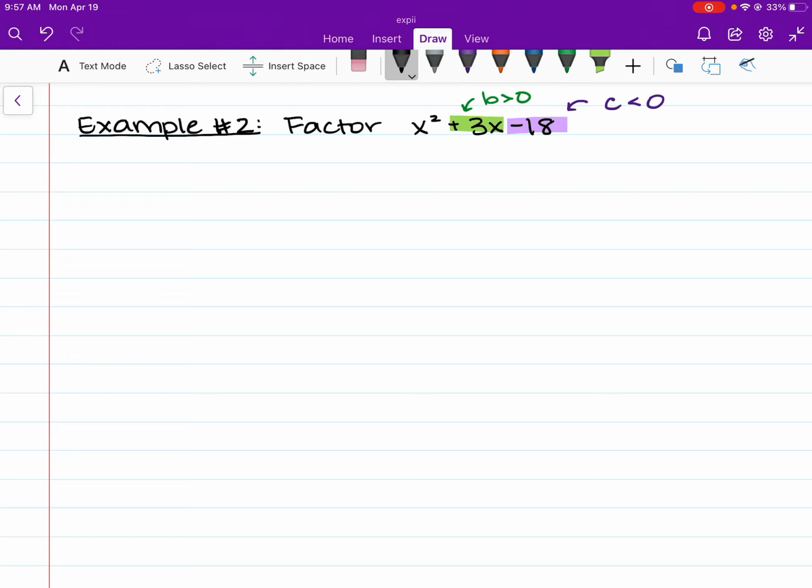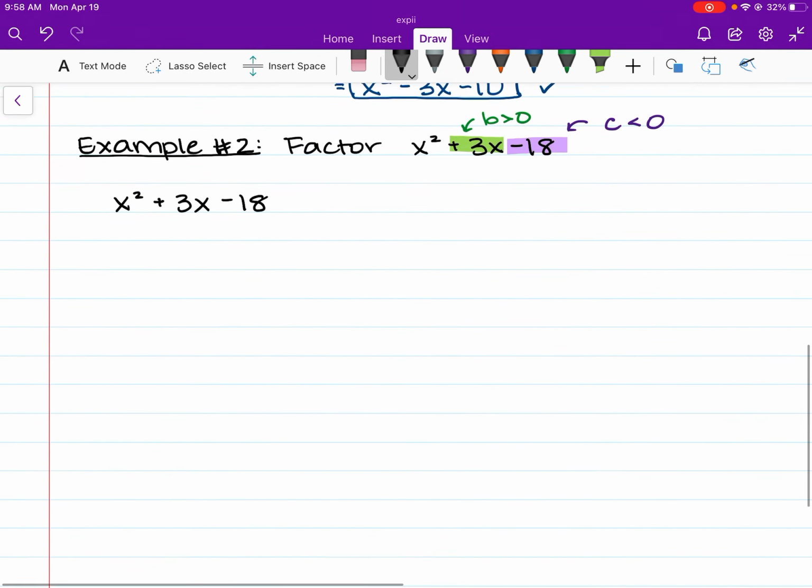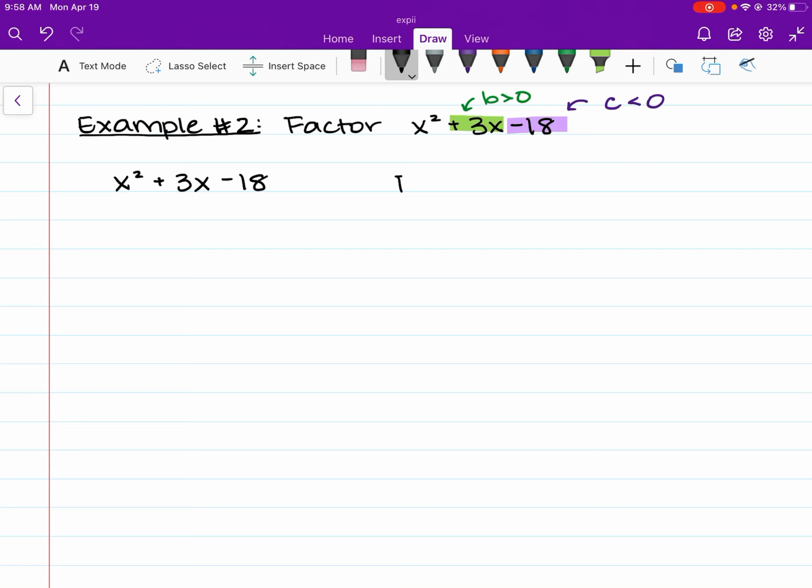So I'm going to rewrite this expression here. x² plus 3x minus 18. Remember, just like before, we are looking for factors of a times c, so positive 1 times negative 18, that add to positive 3.